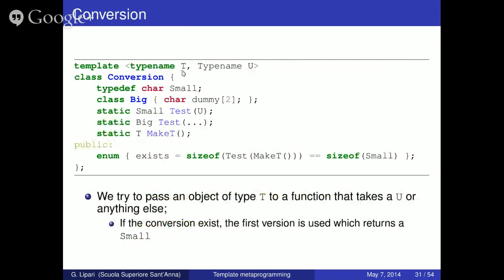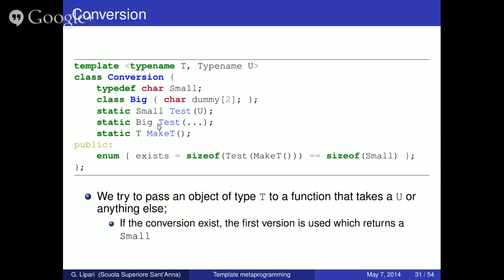And in particular, we want to see if U can be converted into T. So first of all, we define the small and the big data type. Then we define a function test, which takes a parameter of type U and returns a small.